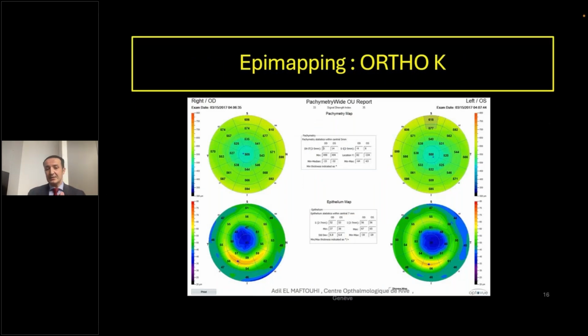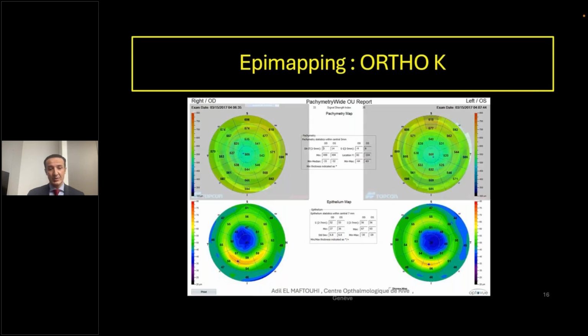We know that the effect of ortho-K is due to the epithelium thinning. And this suggests that the variation of epithelium thickness can induce variation of the keratometry. And look here, we observe this thinning aspect centered on the apex due to the ortho-K therapy.